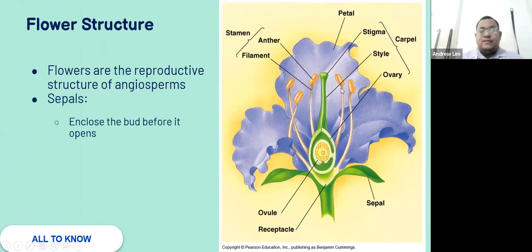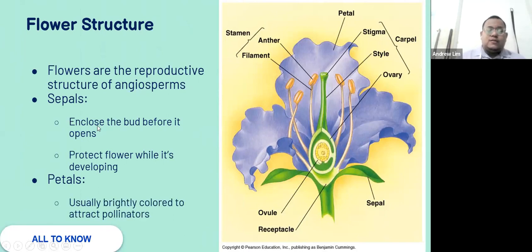All right, they have sepal, they have petals. So the use of all this function is basically it encloses the bud before it opens. All right, this little guy here, and it protects the flower while it's still developing. And these petals here are basically bright in color to attract insects to help them to carry the pollen grains to other flowers. All right.